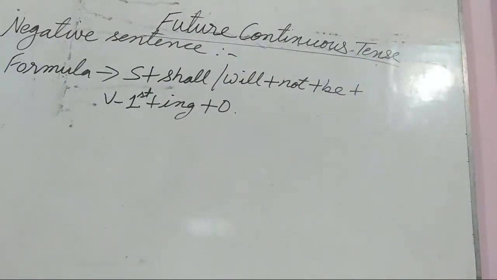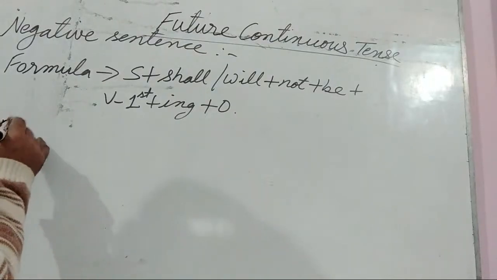So this is the formula for the negative sentence in future continuous tense. Now let's see the example related to it.